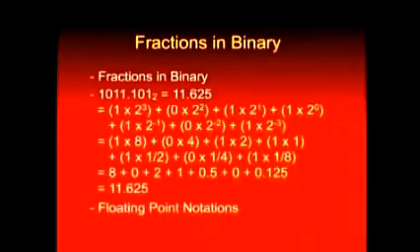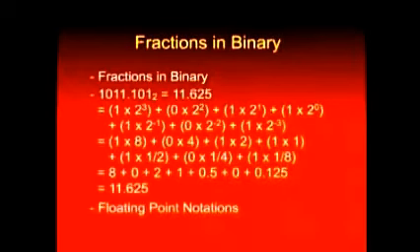Writing the binary number 1011.101 in the form of an expression gives us 1 into 2 power 3 plus 0 into 2 power 2 plus 1 into 2 power 1 plus 1 into 2 power 0 plus 1 into 2 power minus 1 plus 0 into 2 power minus 2, and the final term is plus 1 into 2 power minus 3.